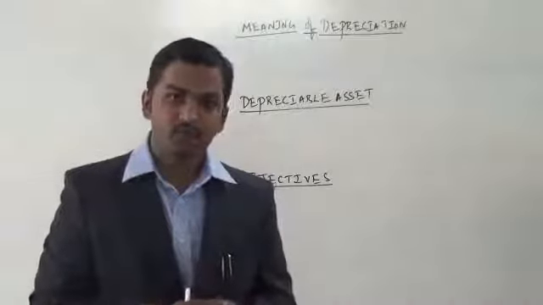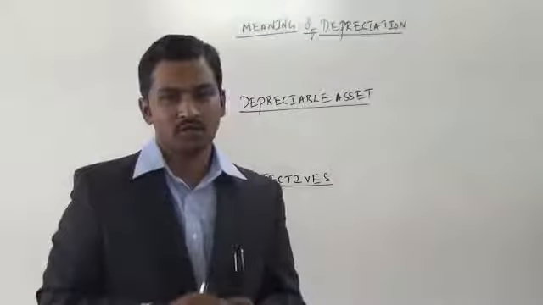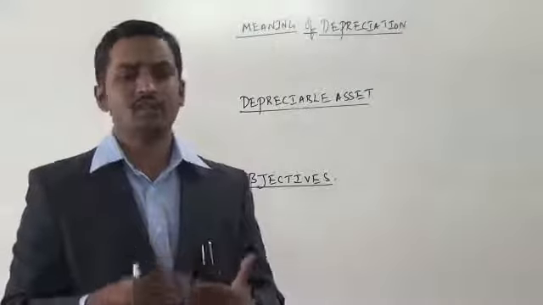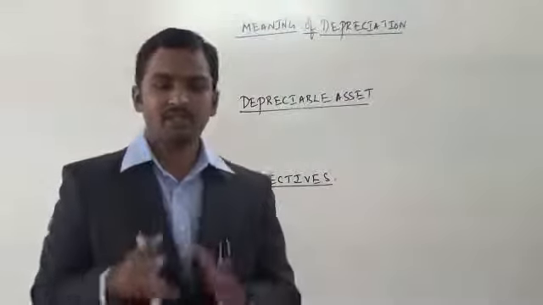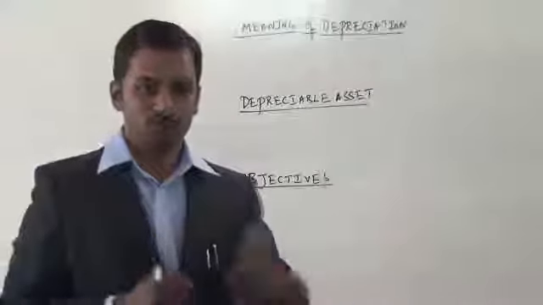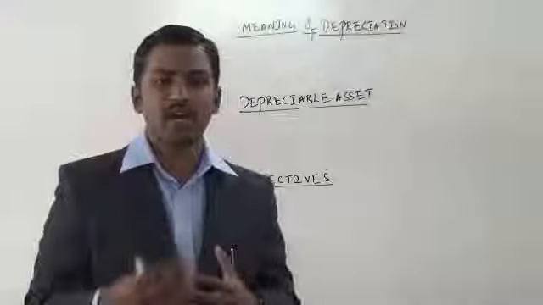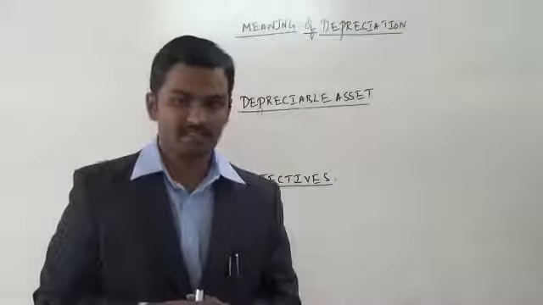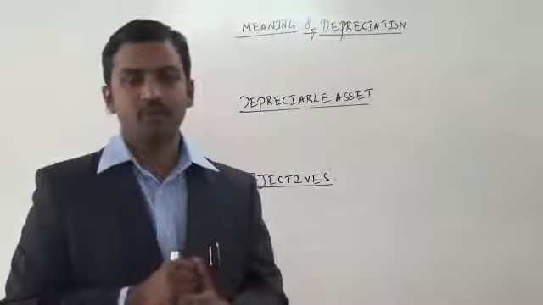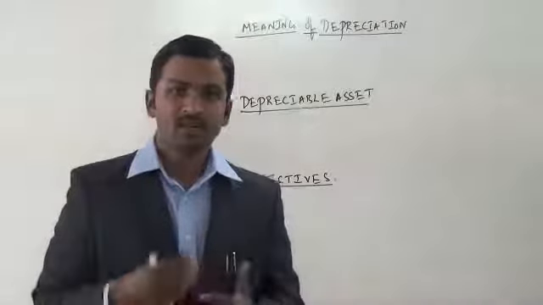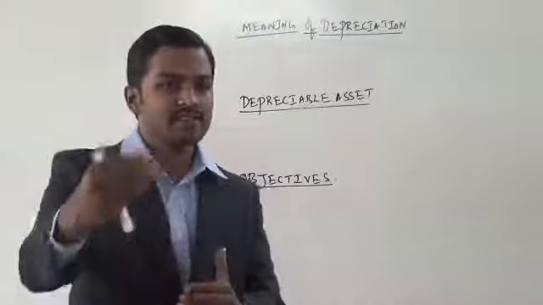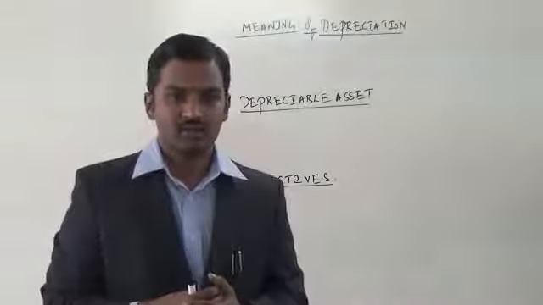Machinery, it helps us to produce goods. Buildings, it helps us to carry out our operations. So we can call them as depreciable assets. A chartered accountant who uses a computer. Computer is an asset for him because he is using the computer for providing services to his clients.